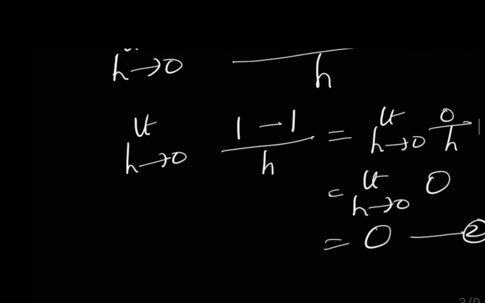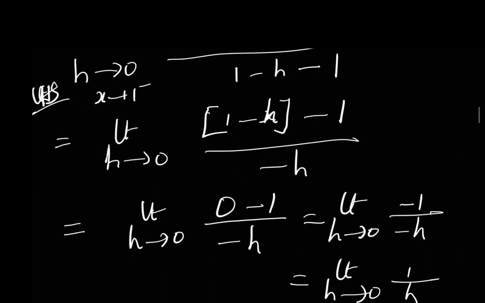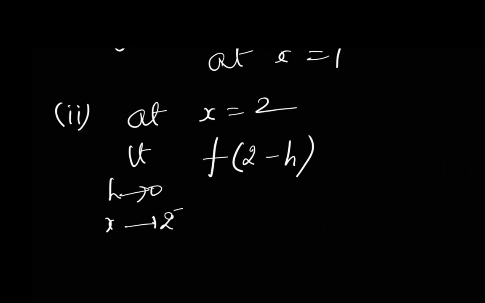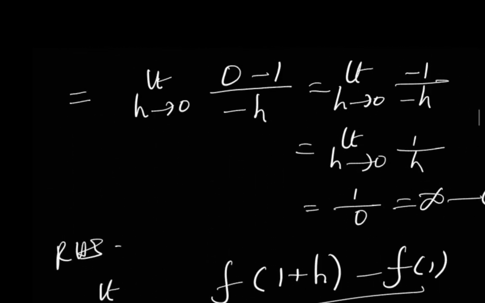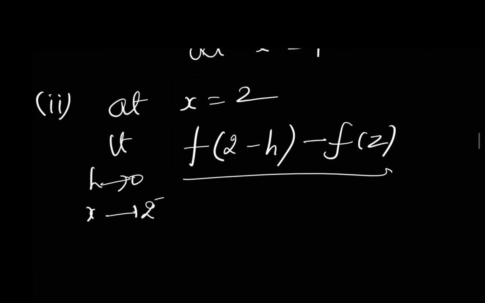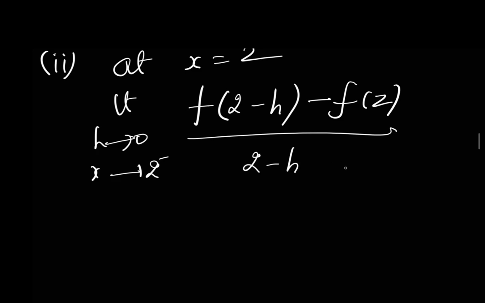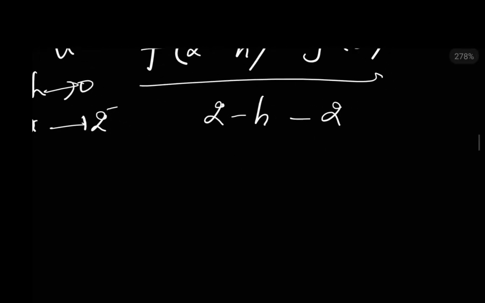You start from this step here. f of 2 minus h minus f of 2, divided by, the formula is x minus c. Here x minus c is 2 minus h minus 2. c is 2 here.